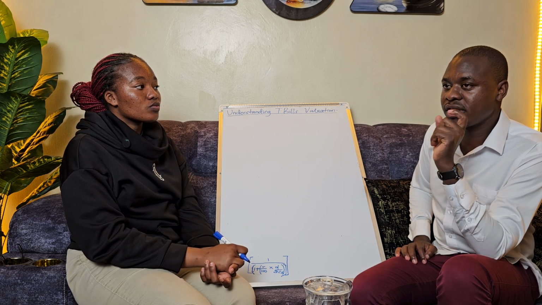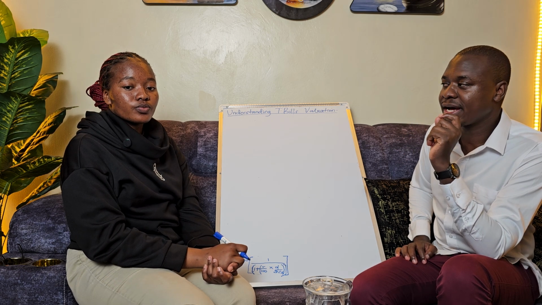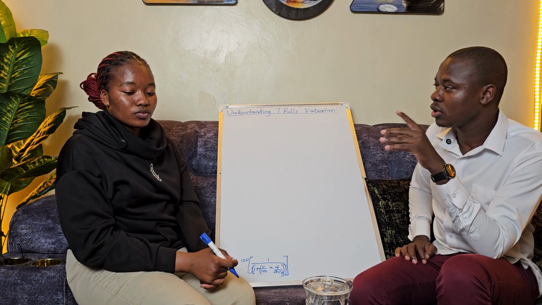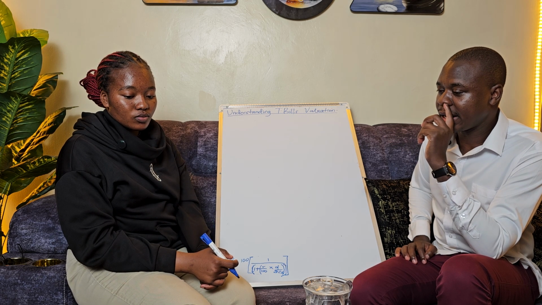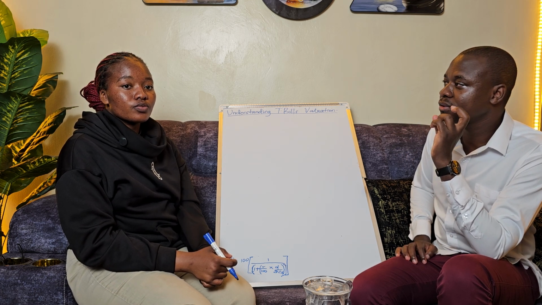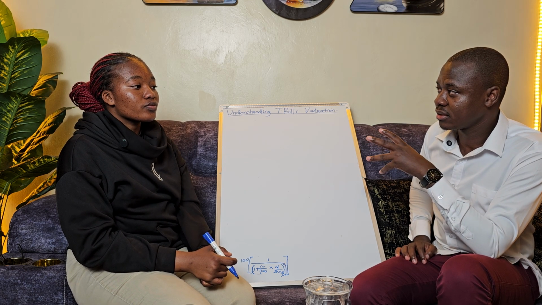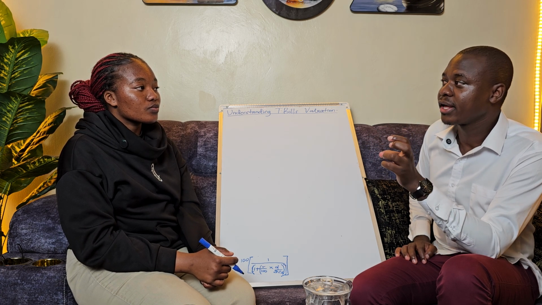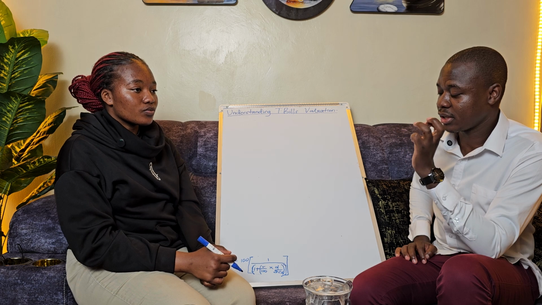Another thing worth mentioning is that we have 3 types of Treasury Bill. We have the 91-day Treasury Bill, that is 3 months, the shortest possible.